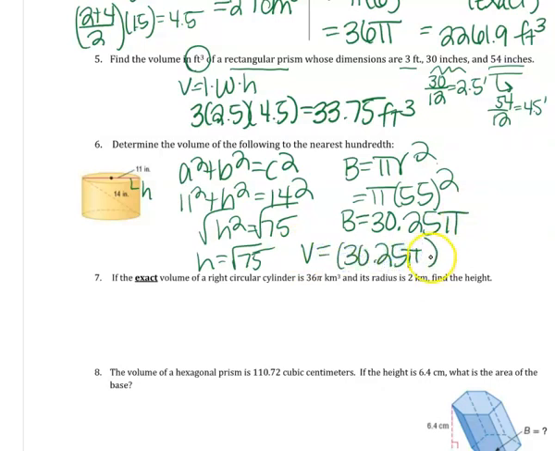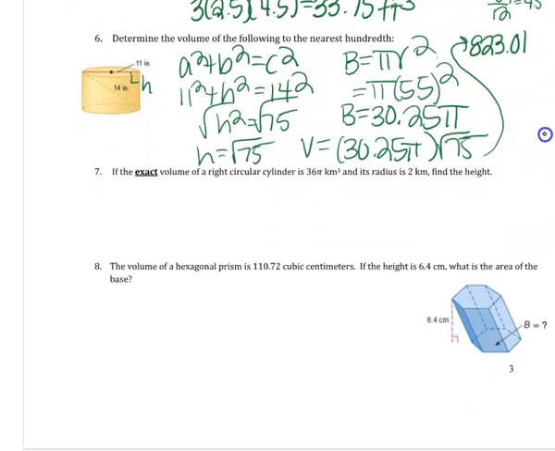Okay, the height we just found was radical 75, and then we type that in our calculator. So 30.25 pi times radical 75 will give us 823.01 inches cubed.